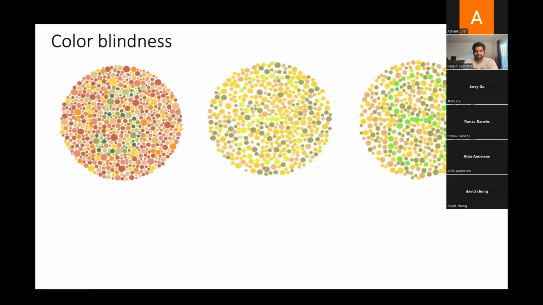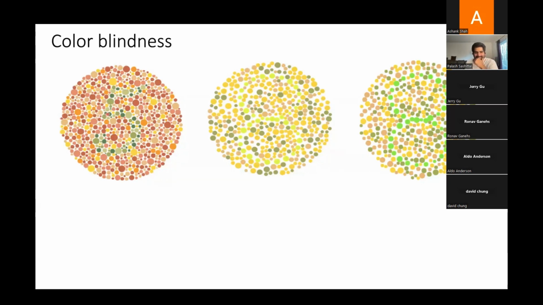The second example is color blindness. I don't know how interactive we want to keep this, but just look at these images and see if you can tell the numbers inside each of these circle graphics. A certain fraction of people in the population will not be able to tell these numbers, and that's because of color blindness.